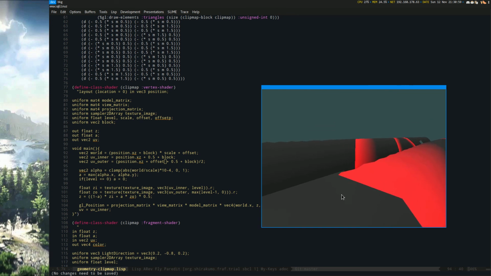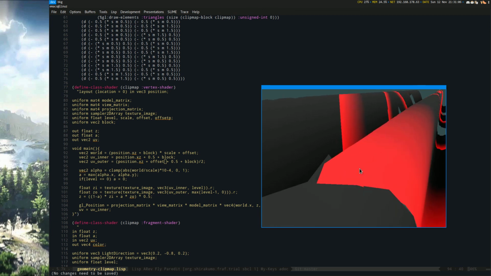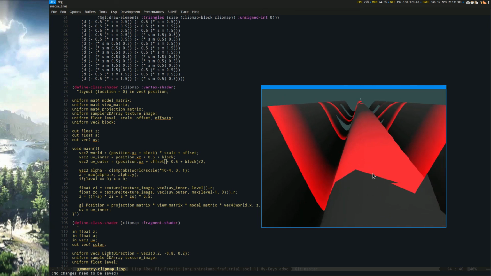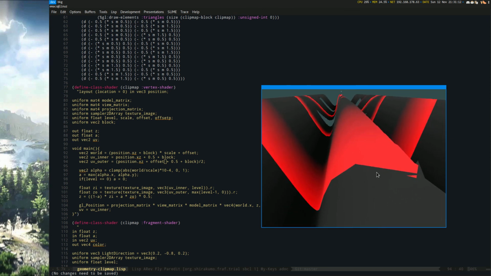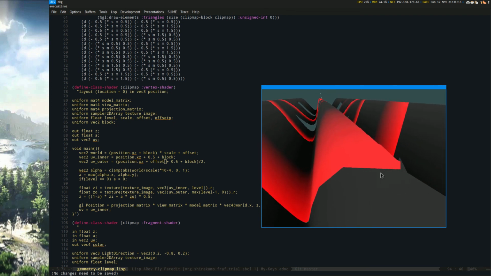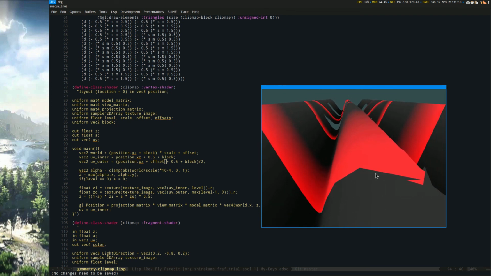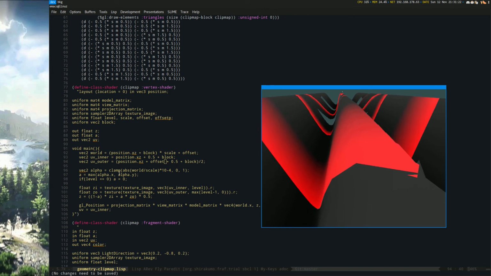Like if the points, the vertices, were highlighted, that would be nice. Oh no, it doesn't fit at all. Never mind, it clips. Just looked like it fit because it clipped.